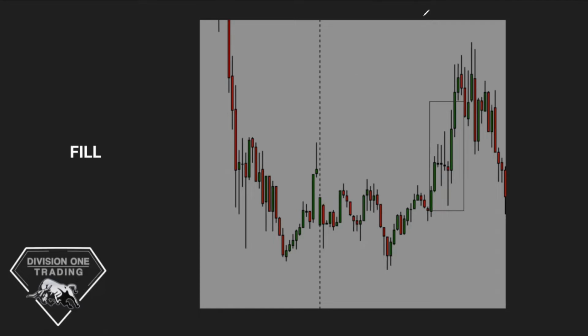So that wick has been filled. For example, here we get this doji, and even though it gives one right here, this wick here was still filled. They traded up and they filled it. That is actually bullish, and we can start looking for potential bullish moves in that area.